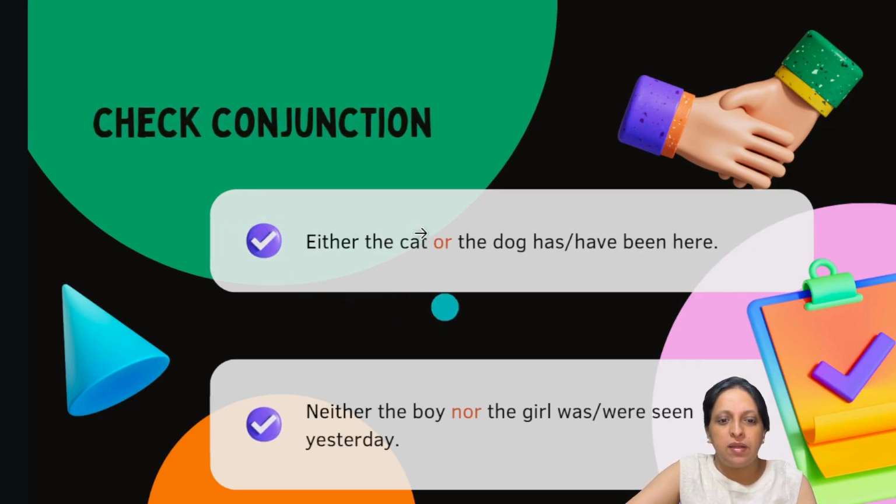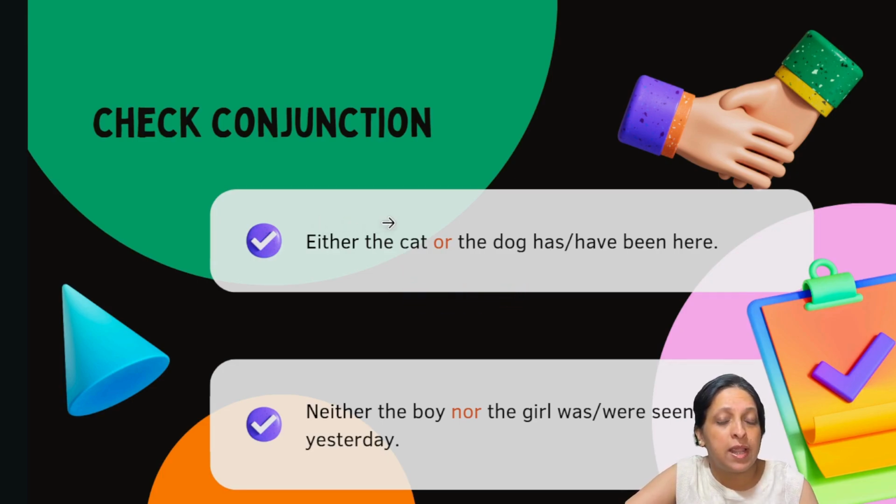Now in this first example, either the cat or the dog, should we use has or have? If you have to complete this sentence, either the cat or the dog has been here or have been here. We just discussed if two or more singular subjects are joined by or nor, then the verb has to be singular. Now see, both these subjects are singular. We are talking about a single cat and a single dog.